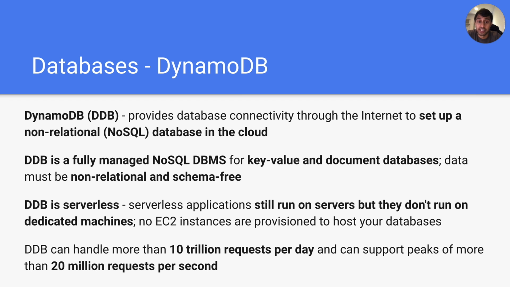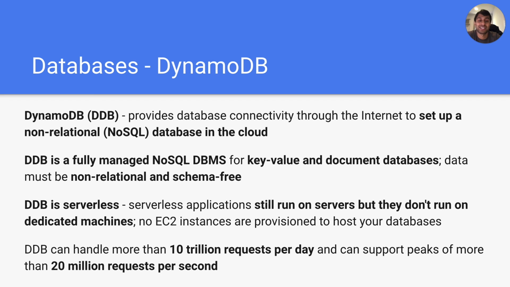Staying on the topic of databases, let's move away from relational databases into non-relational databases. If you remember, non-relational or NoSQL databases are schema agnostic and can exist in multiple forms, such as key-value databases, document databases, search databases, columnar databases, and graph databases.